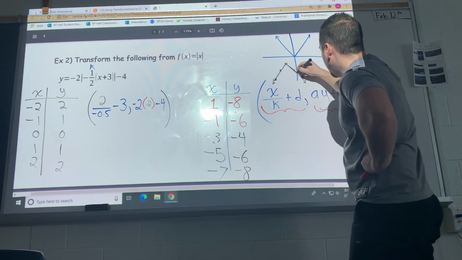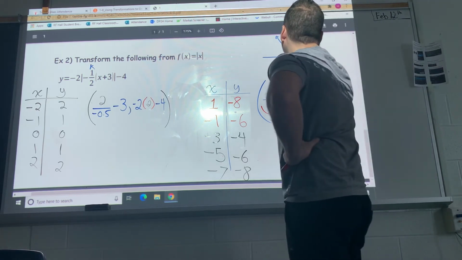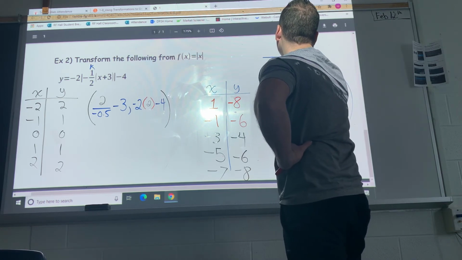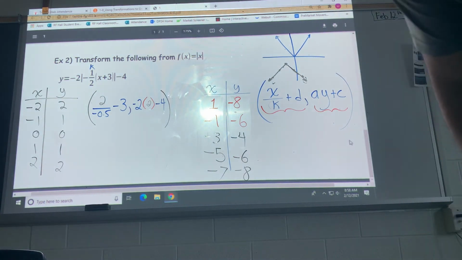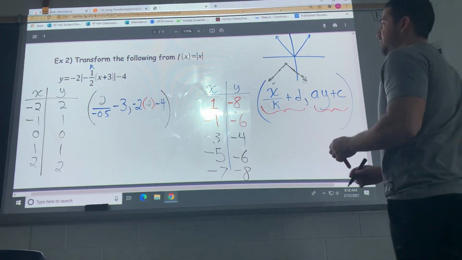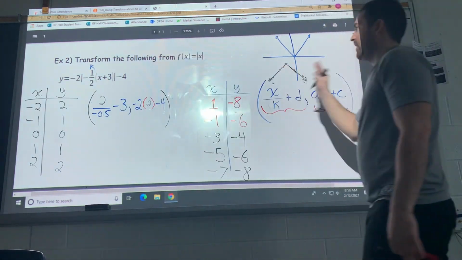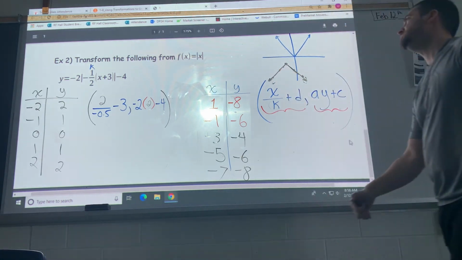That's an awful graph. Okay, so it will look something like that. Okay, because it got reflected twice over the X and over the Y. And then they got shifted 3 units to the left and 4 units down.